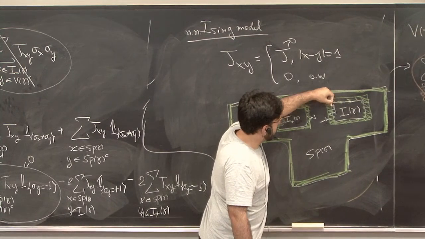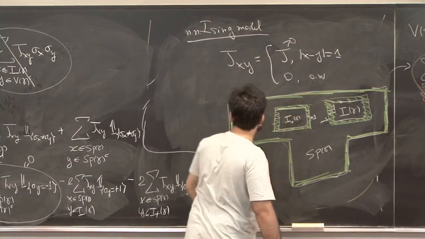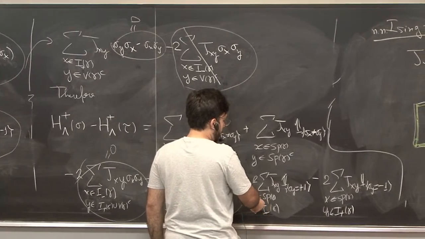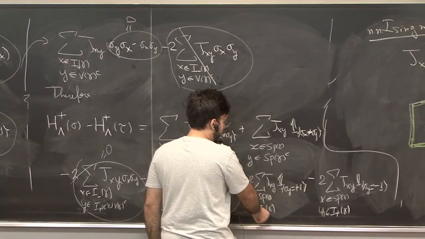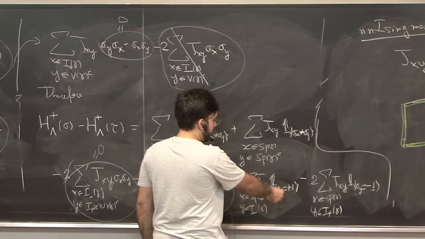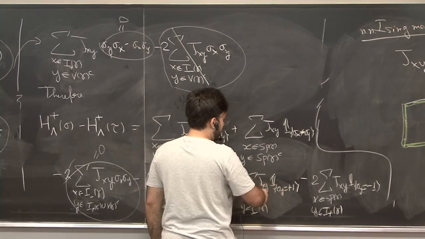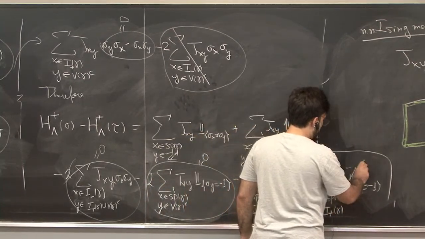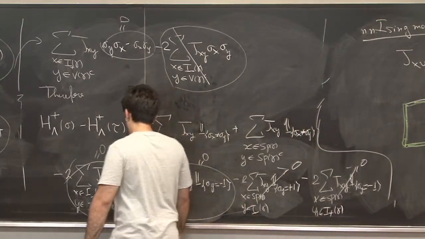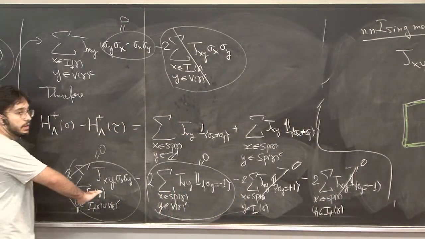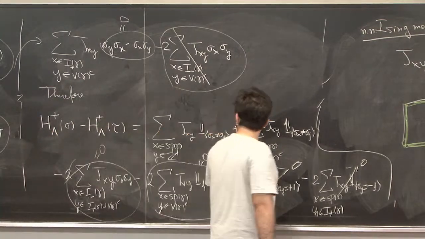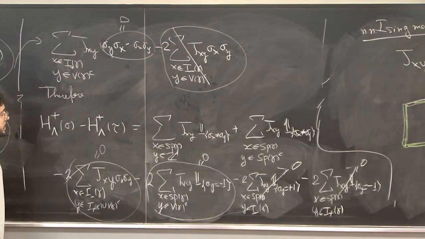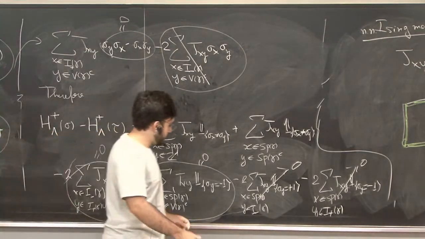So the distance from the support to the points inside the minus interior such that the sign of the spin is plus 1 is larger than 2. So this will also be 0, and by similar reasoning, this will also be 0. So every single one of the terms in the second line is 0. And then I get that the difference between the energies depends just on the support of the contour.